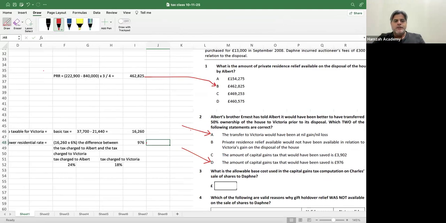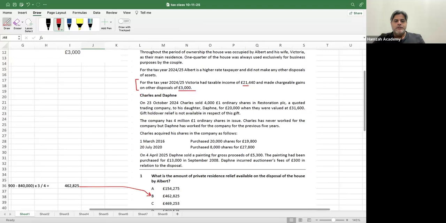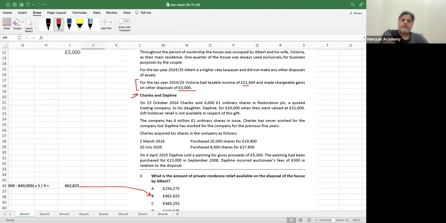So moving ahead from here, the next point that we are going to have, now we have the Charles, and then we have the shares to Daphne over here. Now we have to go and read about Charles and Daphne, and this is on 23rd October 2024. Charles sold 4,001 ordinary shares in Restoration PLC, a quoted trading company, to his daughter Daphne for 20,000 when they were valued at 31,600.